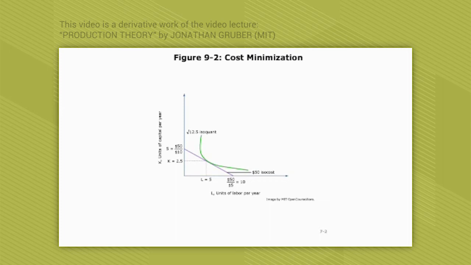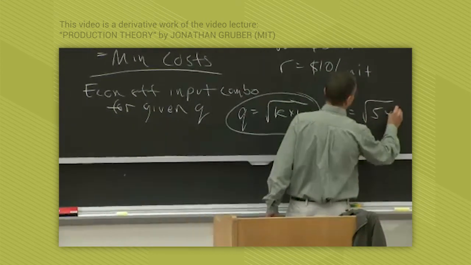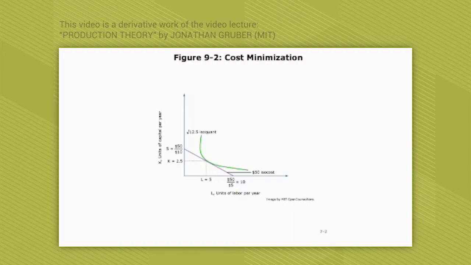Okay? And that will produce the quantity equal to the square root of 5 times 2.5, or the square root of 12.5 units of production. Okay? So that is going to give us the efficient way to do that.